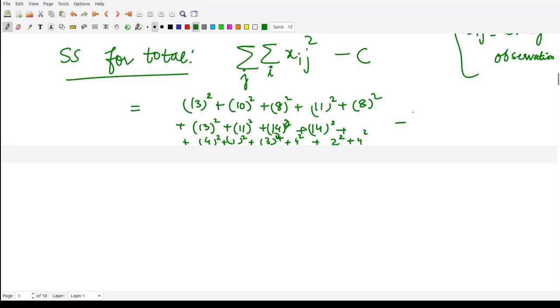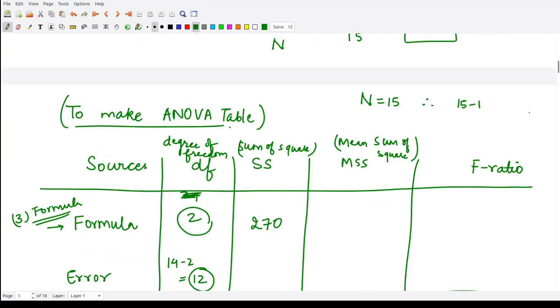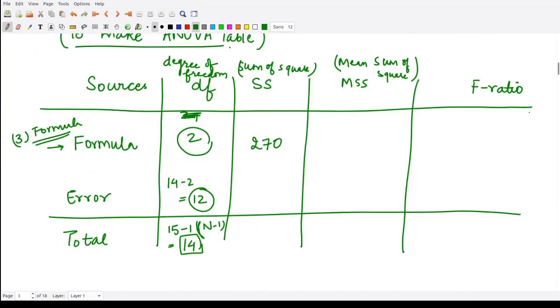What is c? C we calculated to be 960. So minus 960, this comes out to be 302. So this is the value which you will write here for sum of square total.